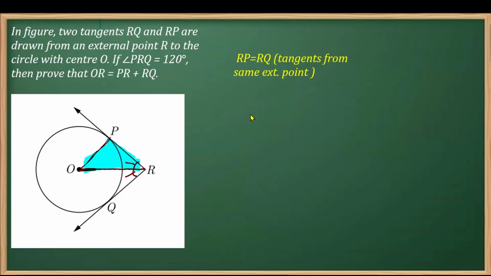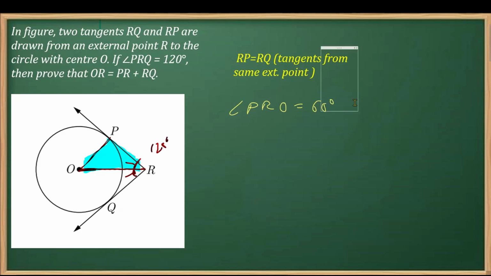So we can say therefore this angle, that is angle PRO, should be half of 120, as this whole angle was given as 120 degrees.